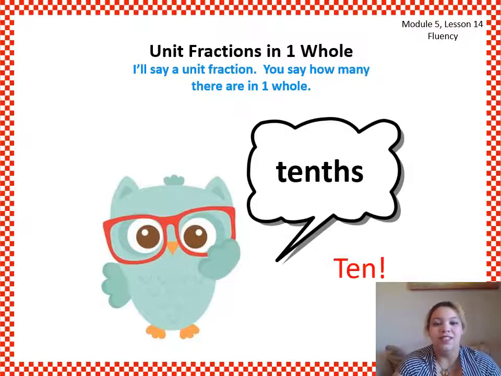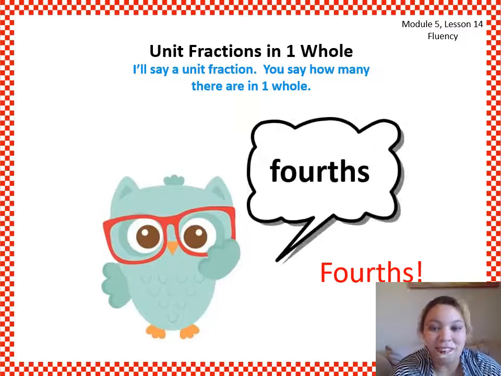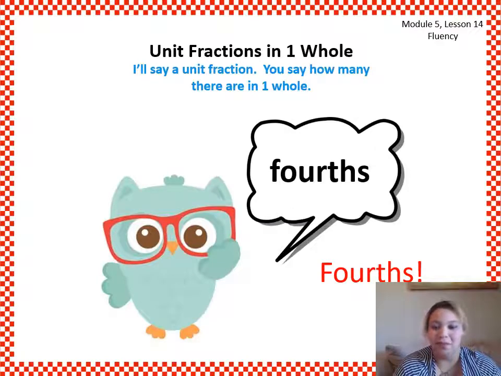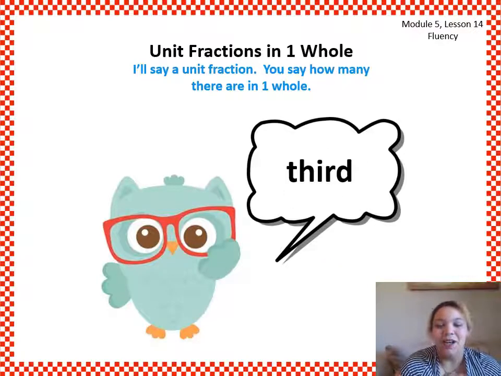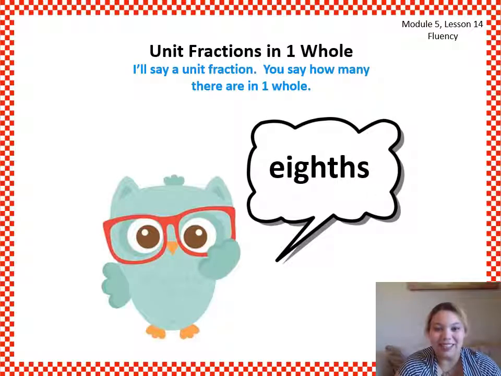Okay, fourths. How many fourths would it take? You tell me. Ready? The correct answer is 4/4. All right, thirds. How many thirds would it take to equal one whole? Thirds means 3. Very good. What about eighths? It would take 8/8. Good job.